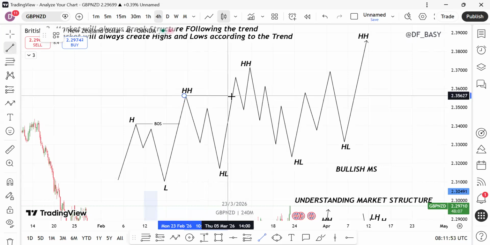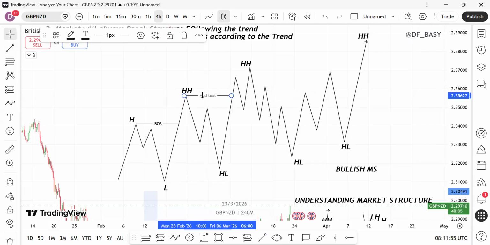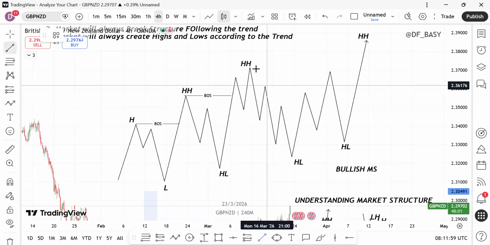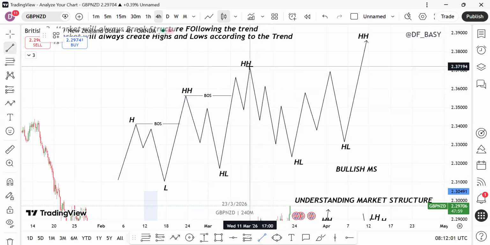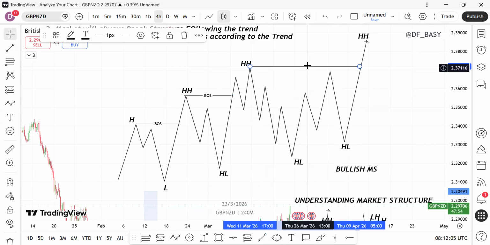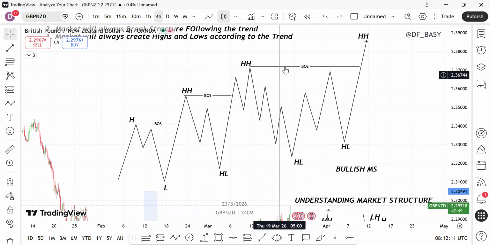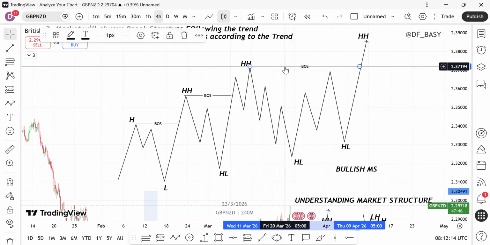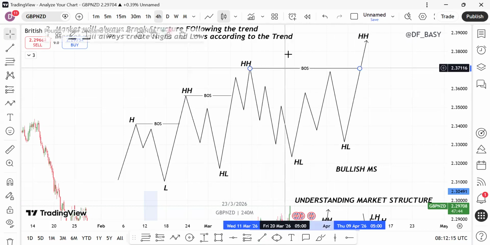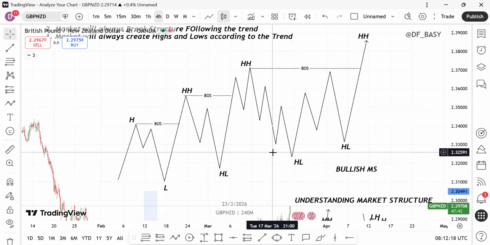You have the market taking out this higher high, breaking structure to the upside. You have the market taking out this higher high, breaking structure to the upside. Can you see? So with this now, I can solidify that this trend is bullish.